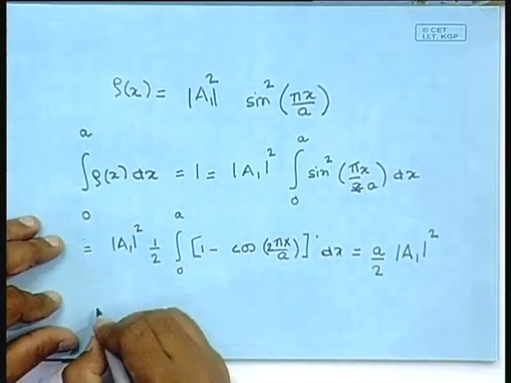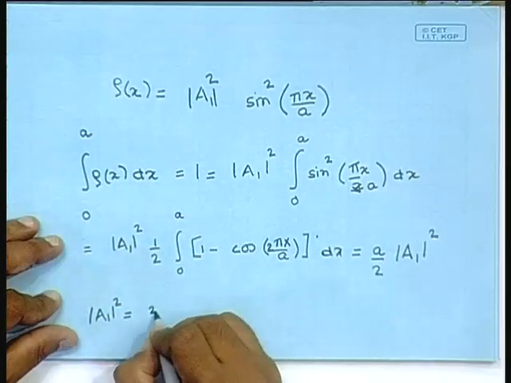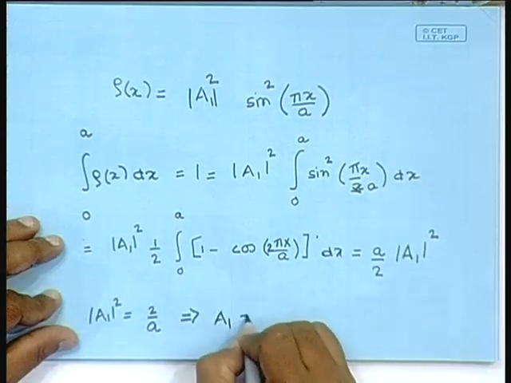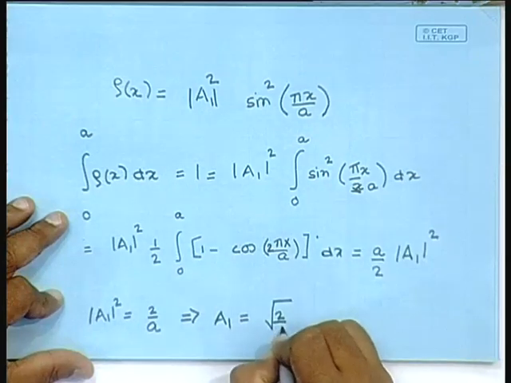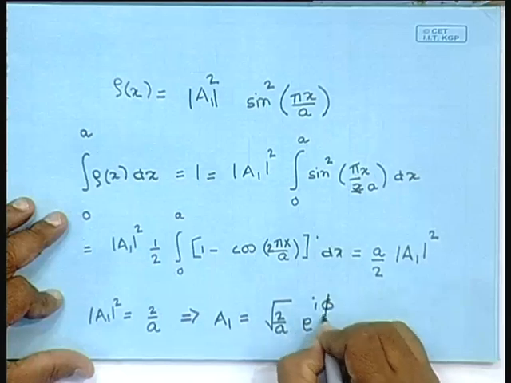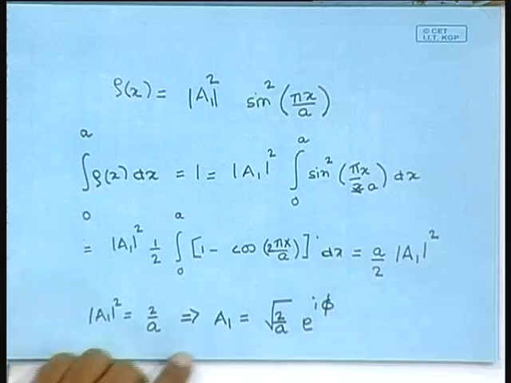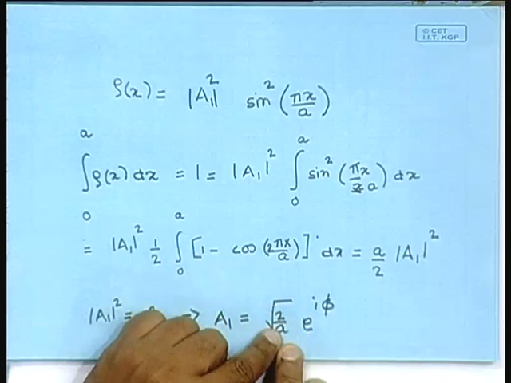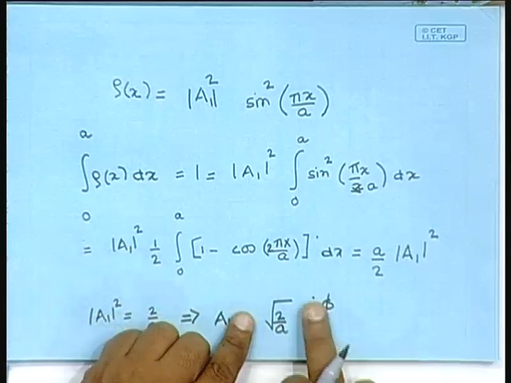So, it tells us that the mod of a1 square should be equal to 2 by a, or a1 is the square root of 2 by a into e to the power i phi, where phi is some arbitrary real number, some arbitrary phase. So, a1, the normalization coefficient, is root 2 by a into e to the power i phi. If you set phi equal to 0, it is just equal to this much.